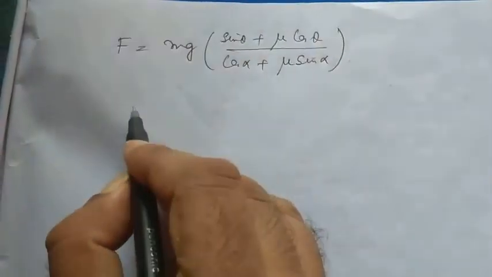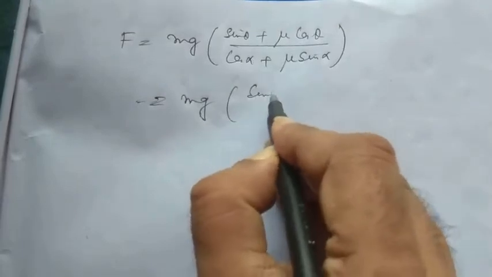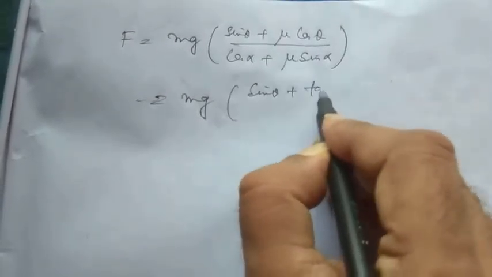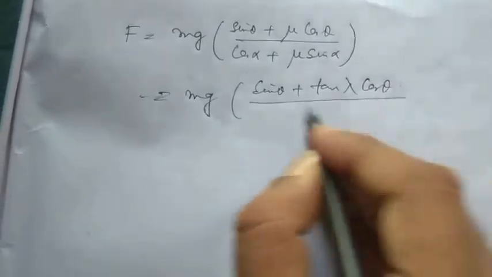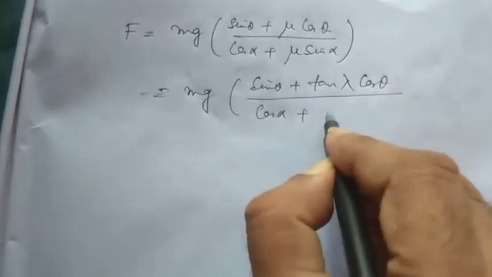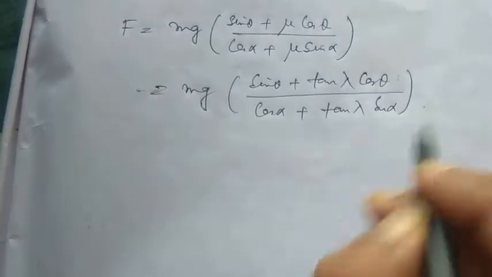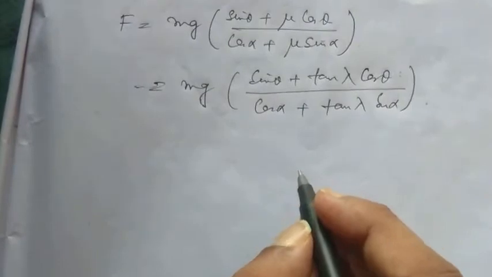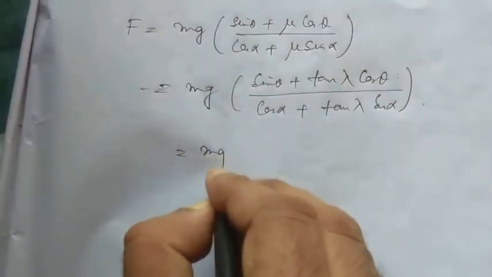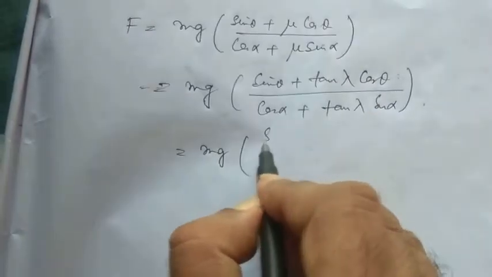Now we replace the value of mu with tan lambda, that is the angle of friction. Cos alpha plus tan lambda sin alpha. Now tan lambda can be written as sin lambda by cos lambda.